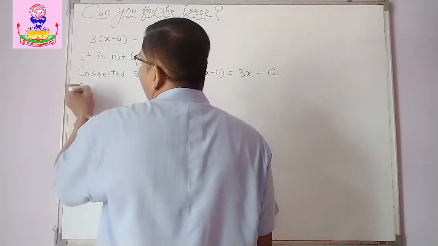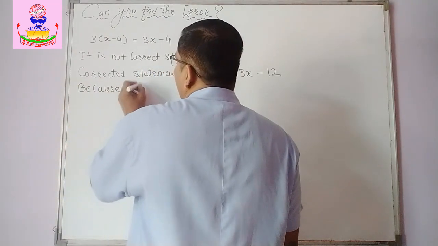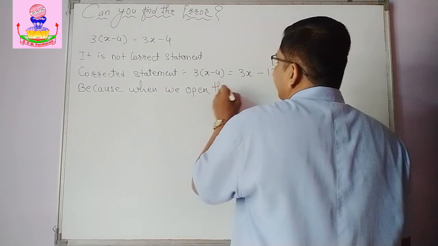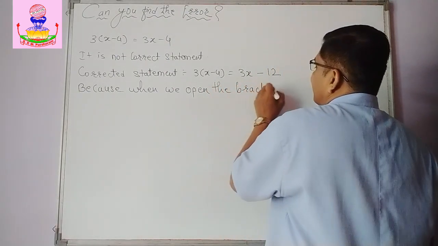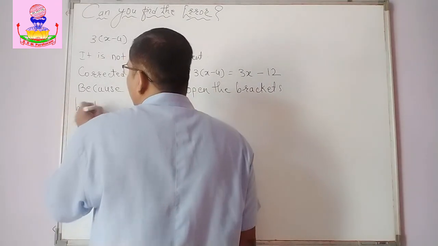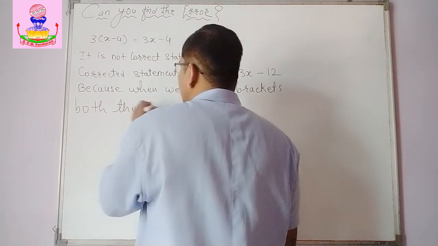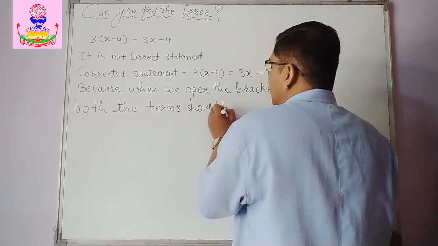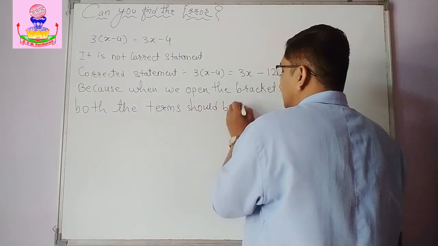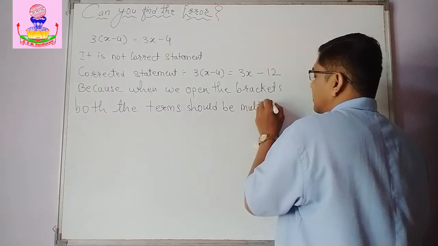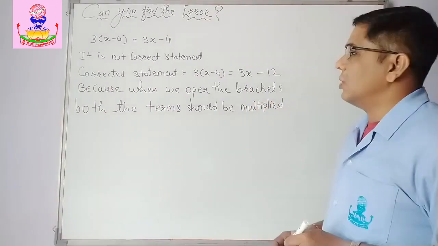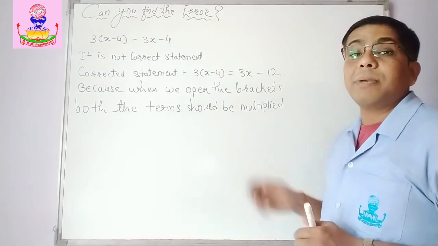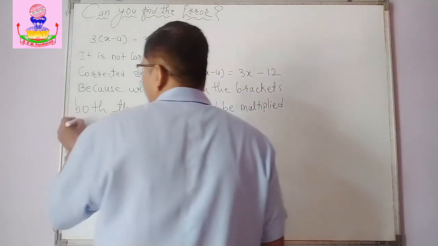This is because when we open the brackets, both the terms in the bracket should be multiplied by the variable or whatever it is, or by the constant term.